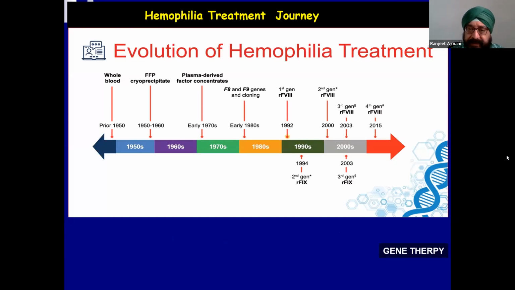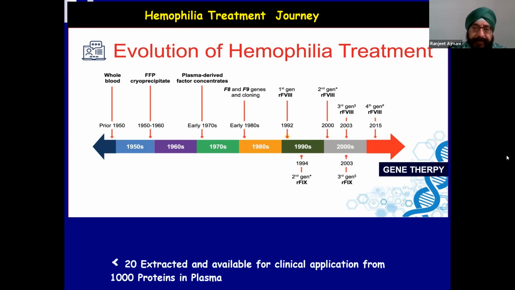And now, as you will have seen in the recent past, just in the last 2-3 months, gene therapy has come into existence for both hemophilia B and hemophilia A. So you can see the impressive journey of the last 80 years, and how technology has enabled hemophilia care. And this is something very important to remember.